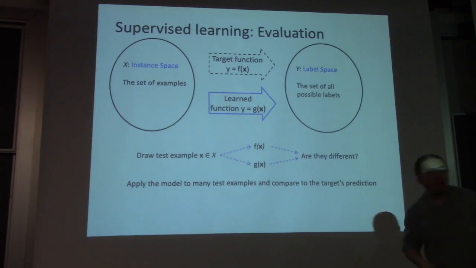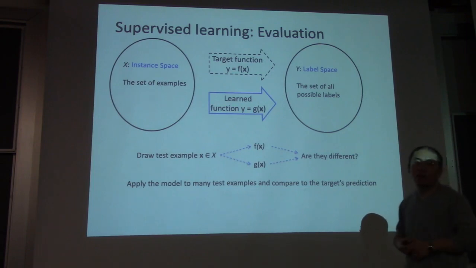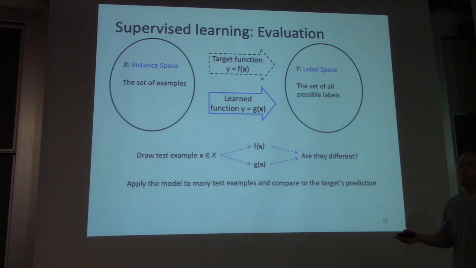The more test examples you use, the more accurate your generalization performance estimation will be. This can be proved based upon classical statistics theory, like the law of large numbers. The average approaches closer and closer to the true value when you increase the number of samples.